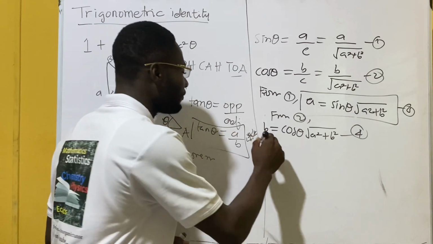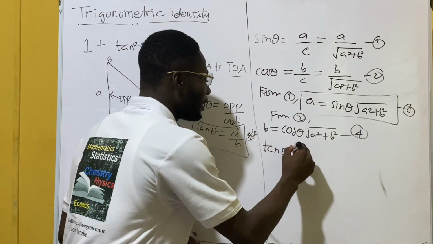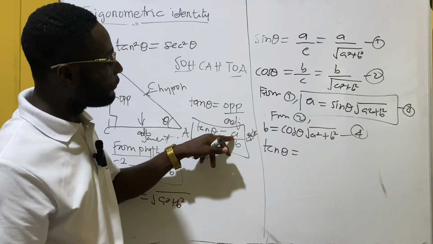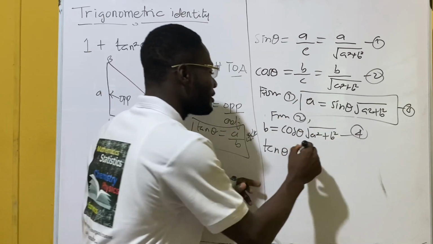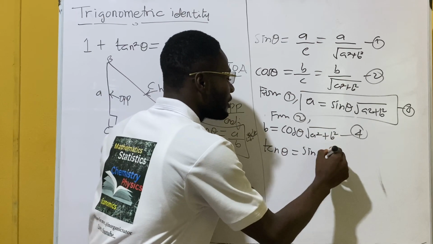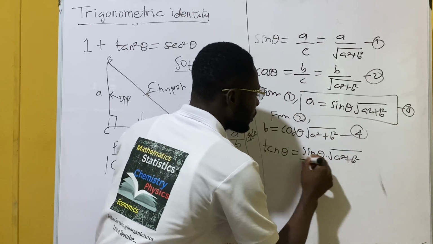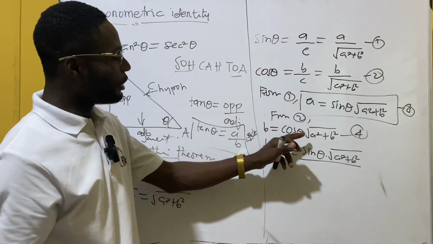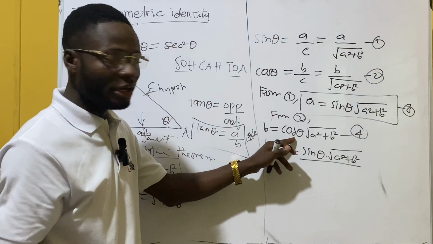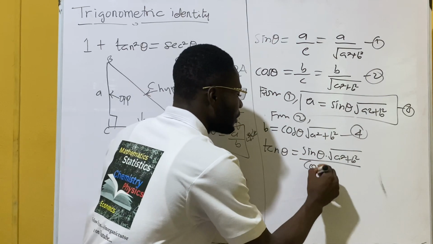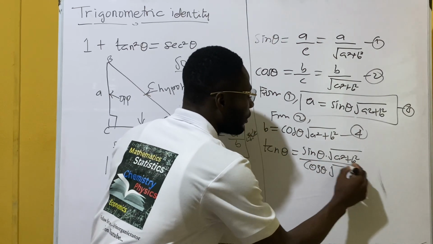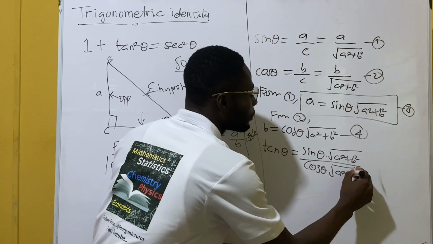So we're going to have tan theta equals A, which is sine theta times square root of A squared plus B squared, all over B, where B is cos theta times square root of A squared plus B squared.